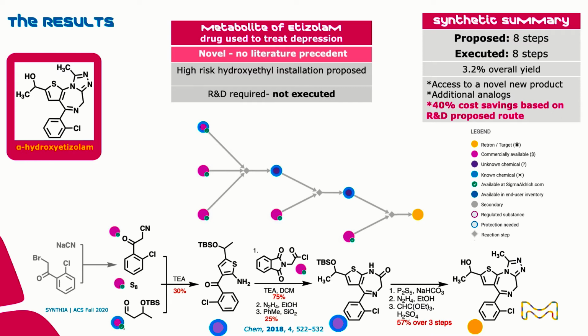While this is a rather modest yield, it was access to this novel new product for the very first time, and we were able to also actually access additional analogs in that same year as new products in our portfolio by applying this particular route. It also represented a 40% cost savings based on our original proposed route that contained R&D, which was a huge impact to the project in and of itself.